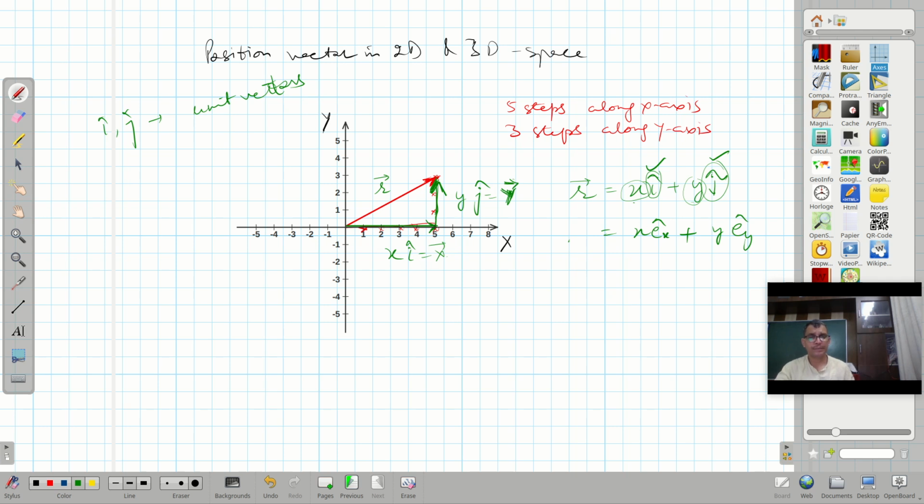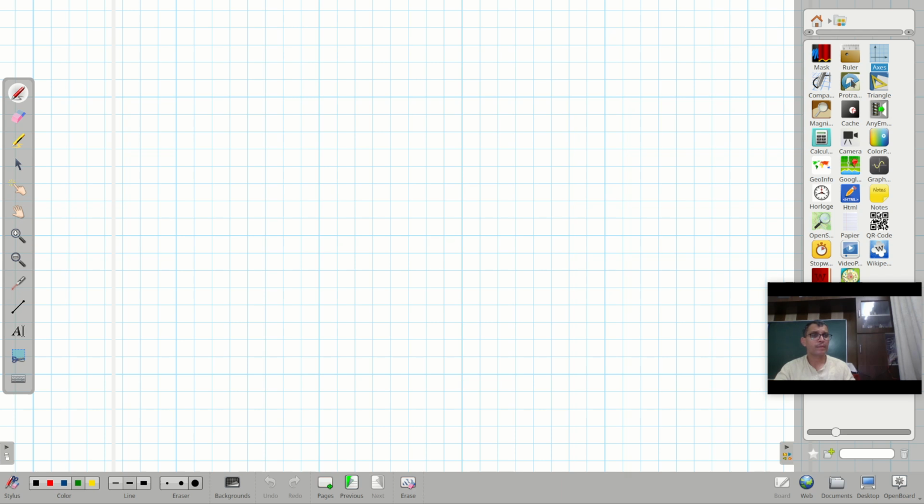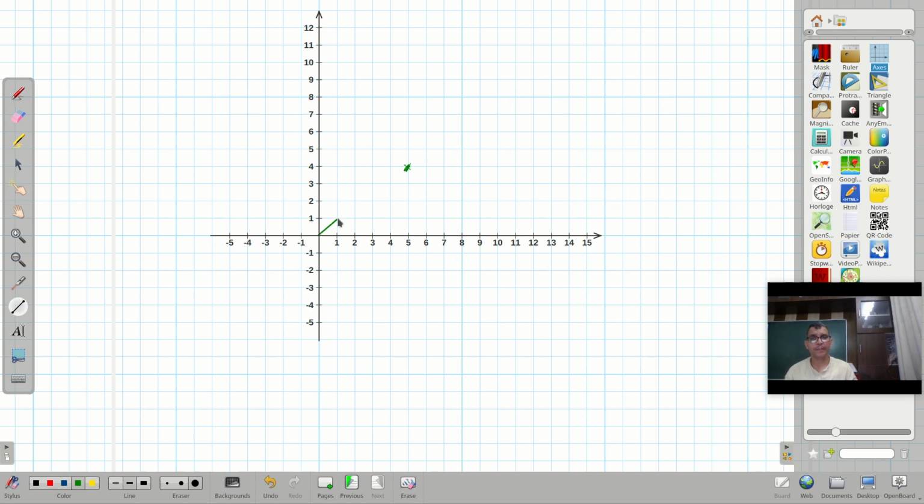For example, suppose the particle is somewhere here. The particle is at this point initially, so it is represented by this vector.